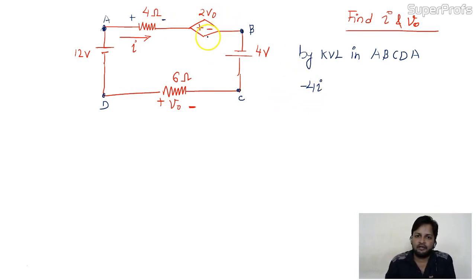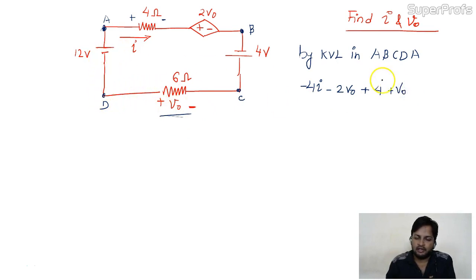Now come here. I am getting voltage minus polarity as the outer polarity, and the value of this is nothing but 2V0. Come here. At the ending we are getting positive terminal, positive 4. Again come here. Here it's directly given V0, so we can take V0 here. No problem at all. V0.